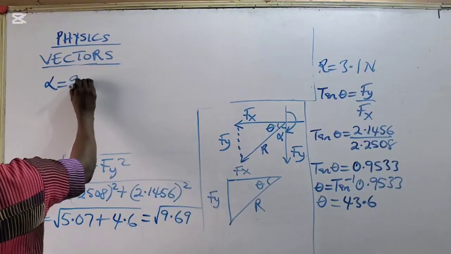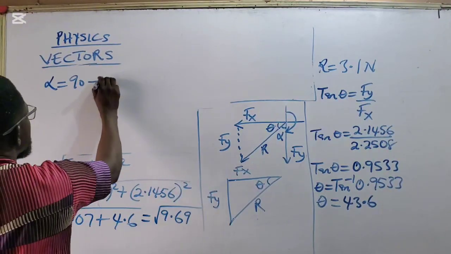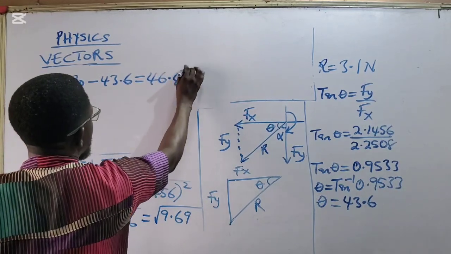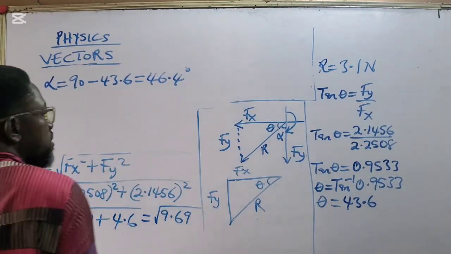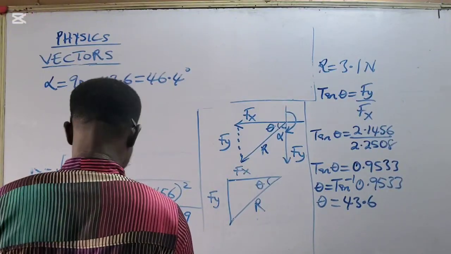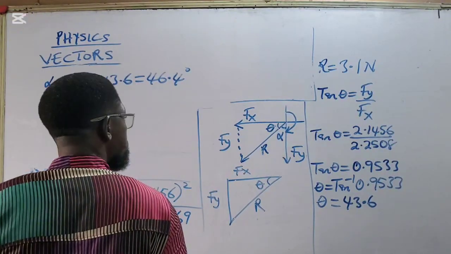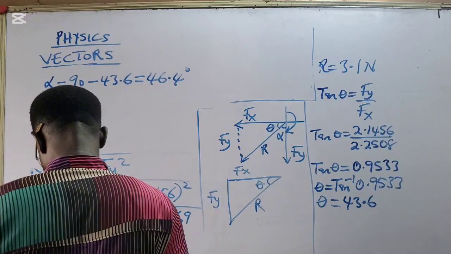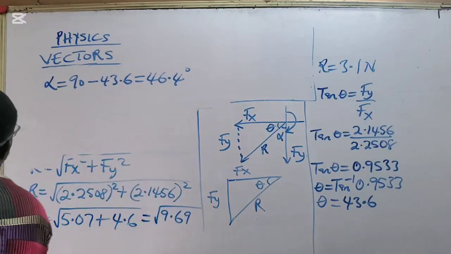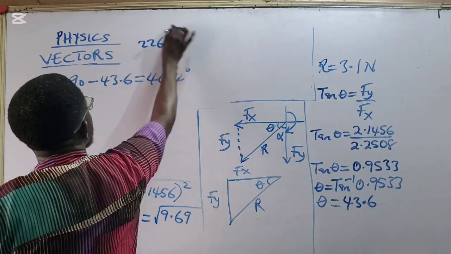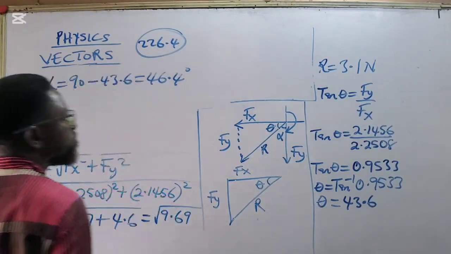So alpha will be 90 minus 43.6, so that will be 46.4 degrees. Now if you want, let's say 46.4 plus 180, that will be 226.4. That's what you do.